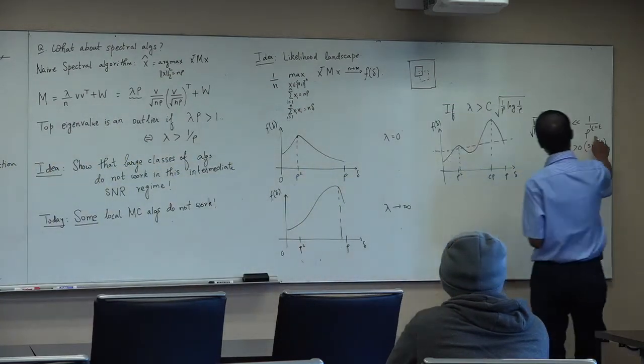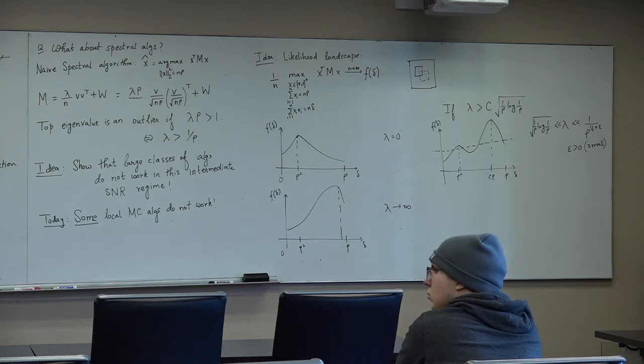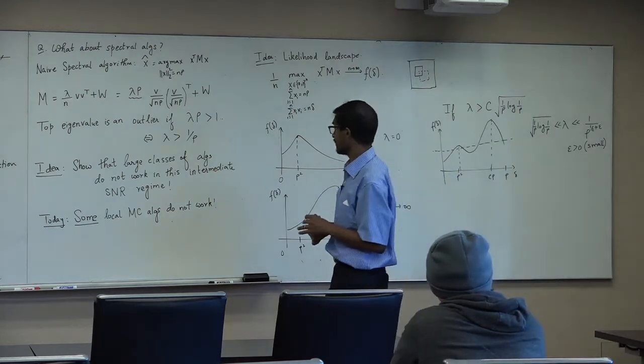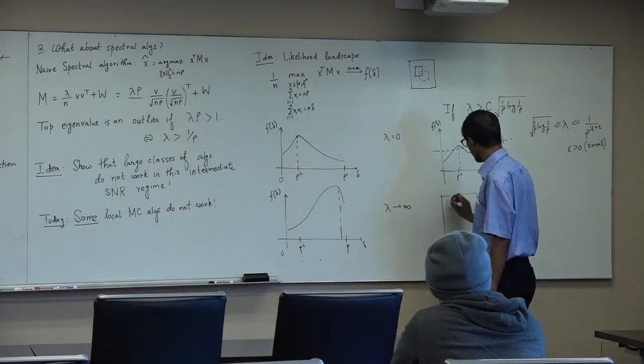So this picture that you are showing, how does this translate to the geometry? What that means is that I have some hidden matrix. Suppose, without loss of generality, that the hidden matrix is at the top corner.